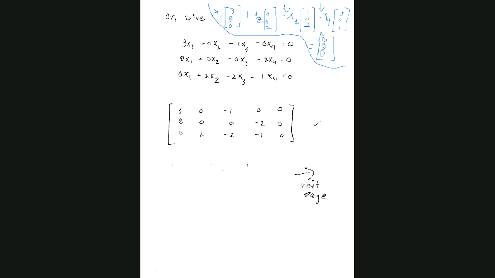And then that's going to equal a column of zeros on the right side. And this vector equation will then be understood to be this system of equations, this homogeneous system.